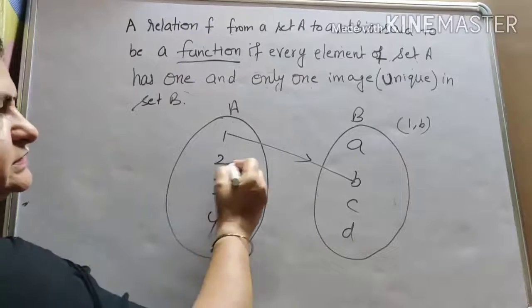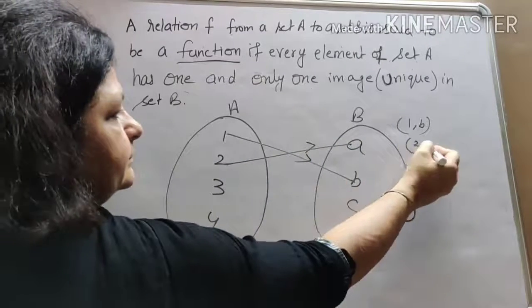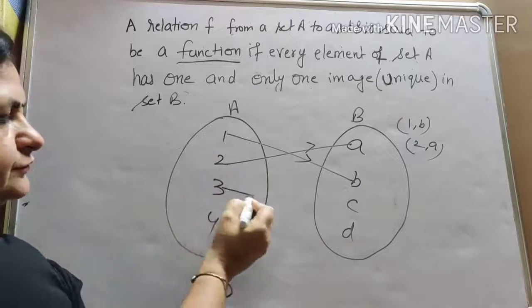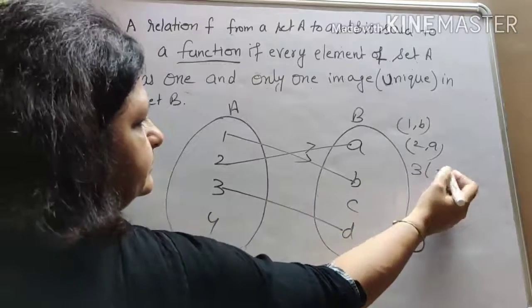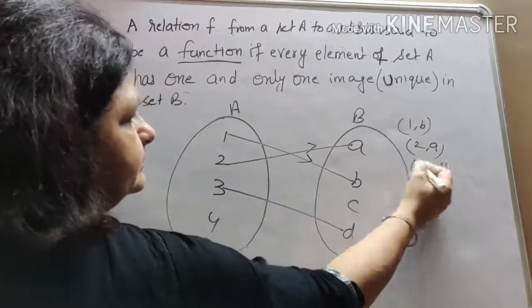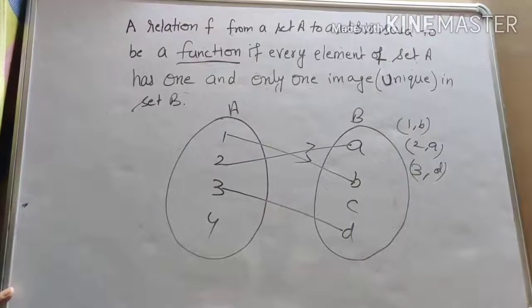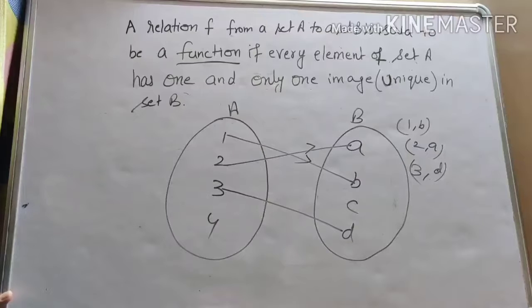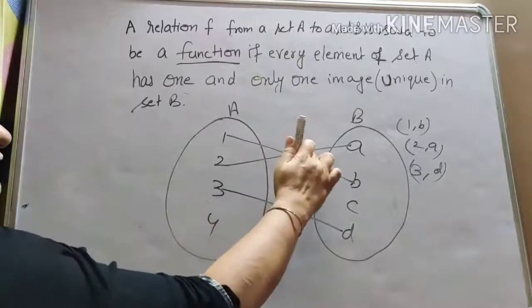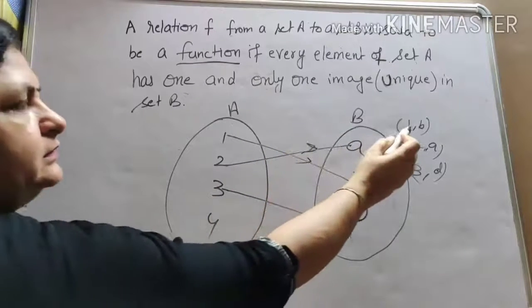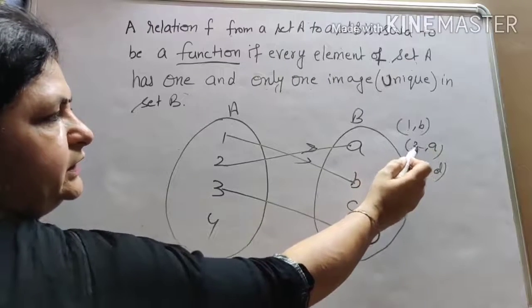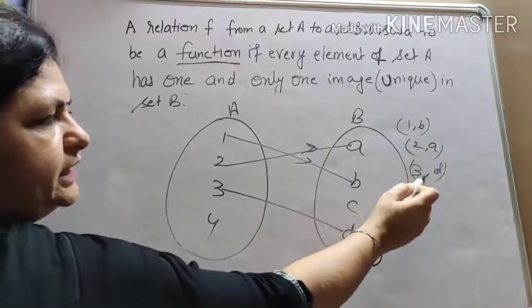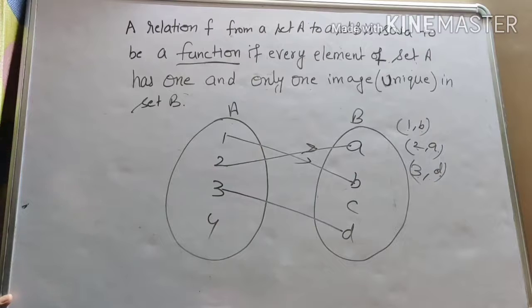Image of 2 is A. Image of 3 is D. But there is no image of 4. So, if it is given that image of 1 is B, image of 2 is A and image of 3 is D, now this relation is not a function.